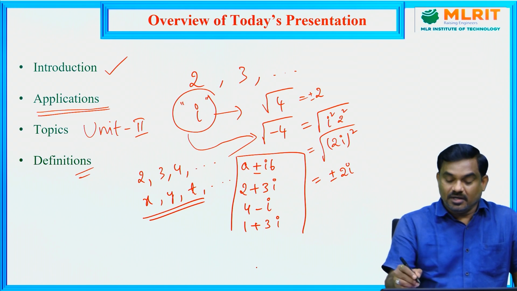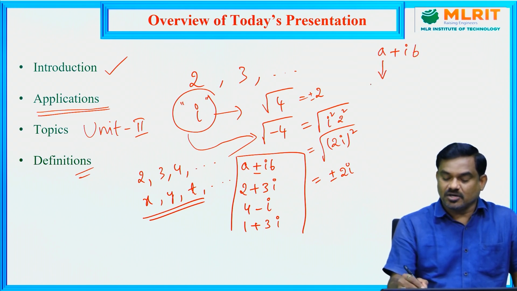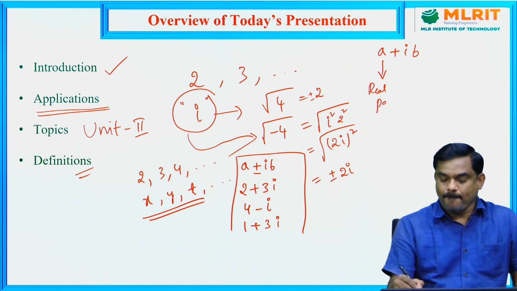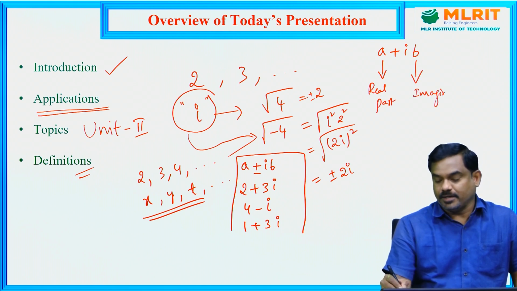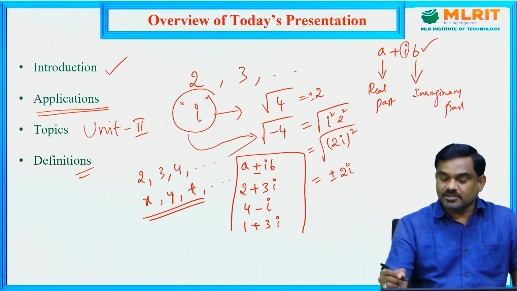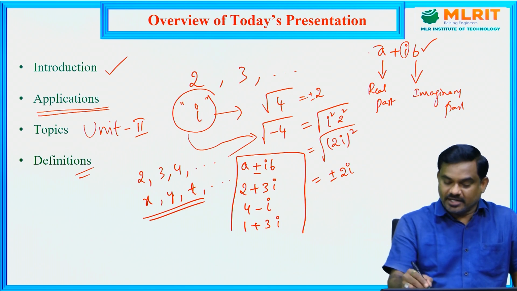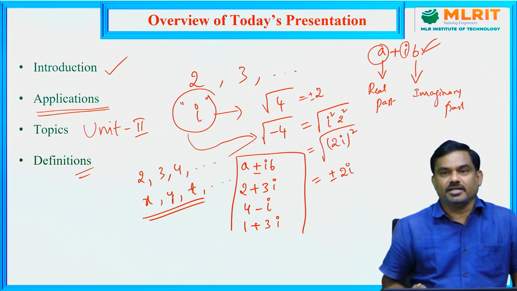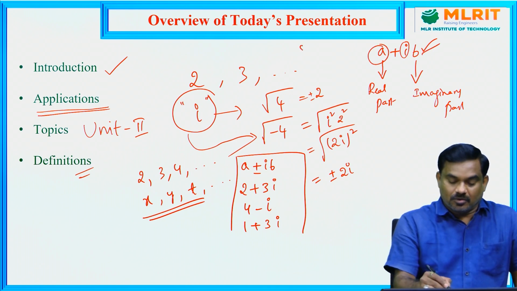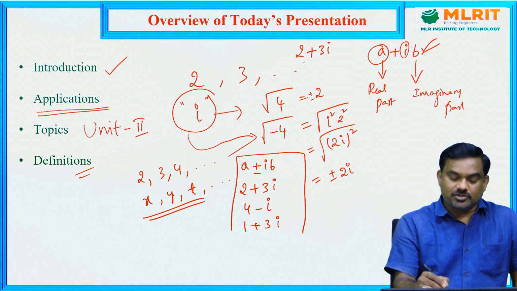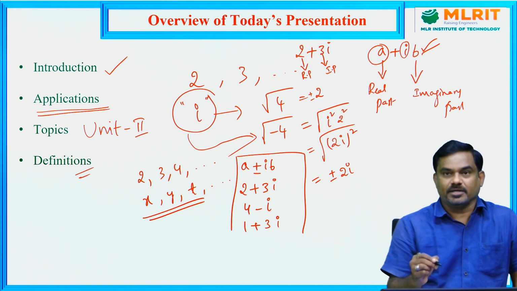Here in this a plus ib, a is called the real part and b is called the imaginary part. Since i is present, this b is called the imaginary part, but not bi. For example, in 2 plus 3i, 2 is the real part and 3 is the imaginary part.